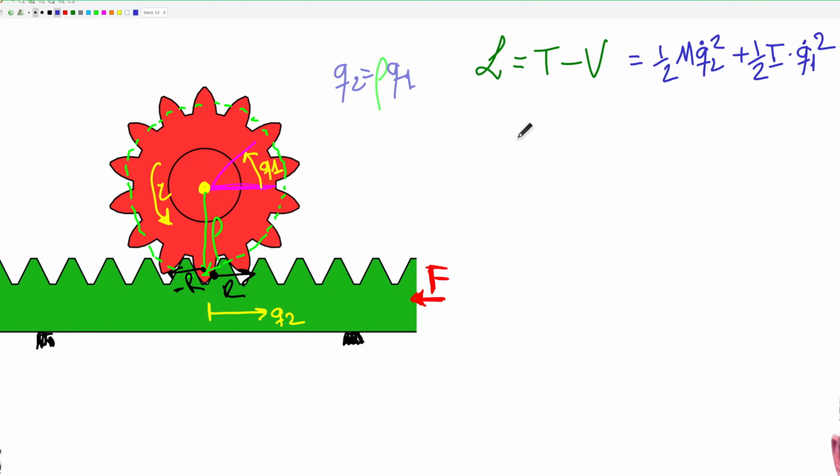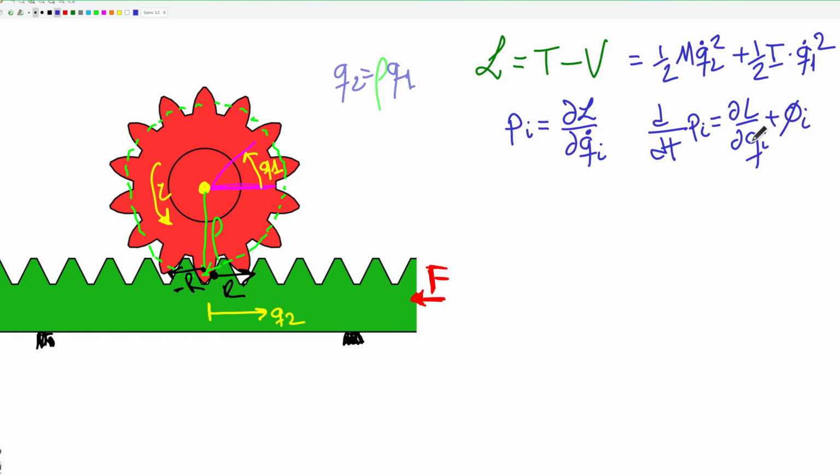Then Euler-Lagrange equations tell me that for each generalized coordinate, Q1, Q2, we'll have some generalized momentum, partial of L with respect to velocity, and that the time derivative of that momentum is equal to the partial of the Lagrangian with respect to positions plus some exogenous term which will be computed with the virtual work these exogenous forces do when the coordinate moves.